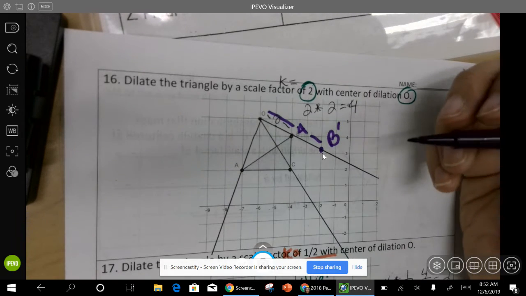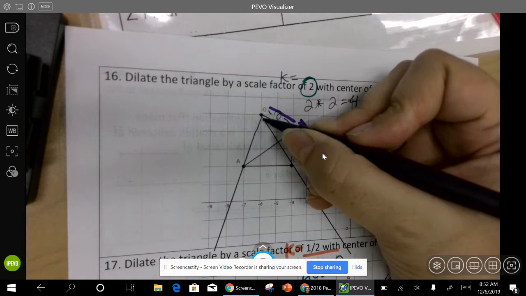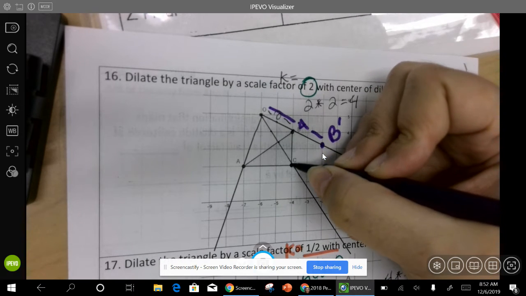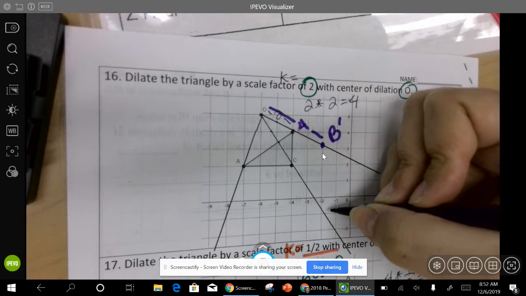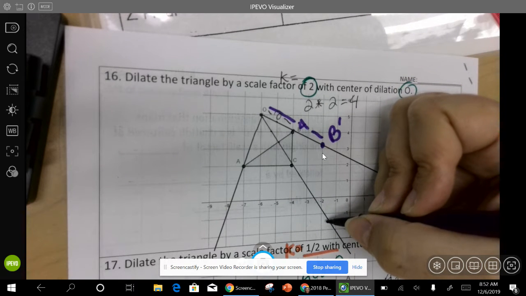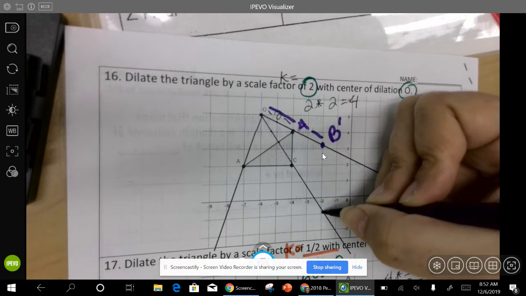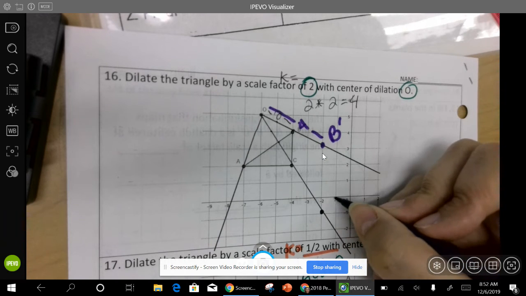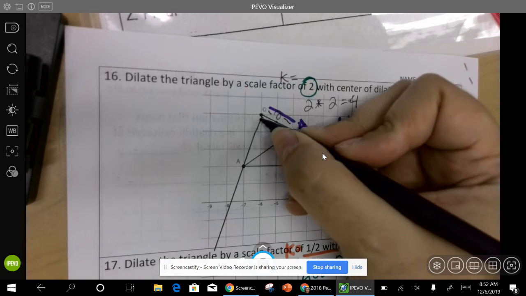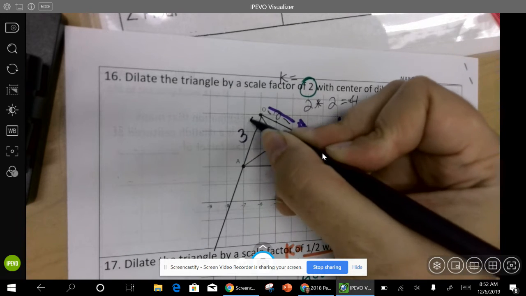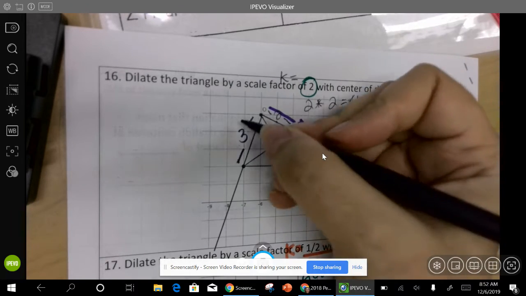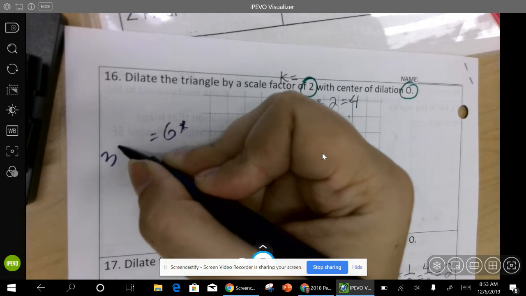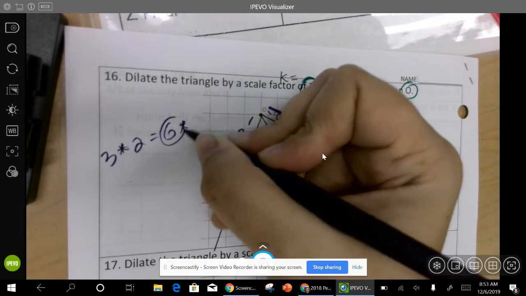So now for C, it's right here. It's 1, 2, 3. Okay, that one's a little bit off, but C prime is going to be right here. Again, if you want to go over this, this is 3. 3 times 2 is 6.